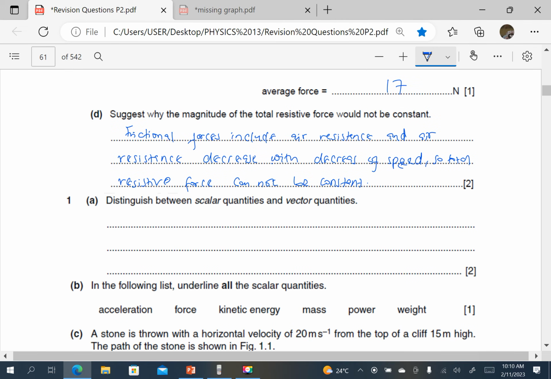Okay, distinguish between scalar quantities and vector quantities. So we know a scalar has only magnitude. A vector has both magnitude and direction.